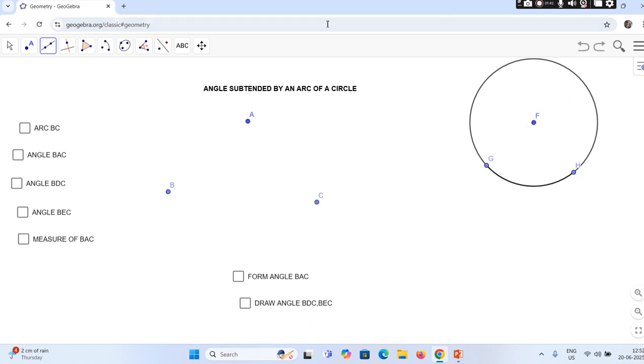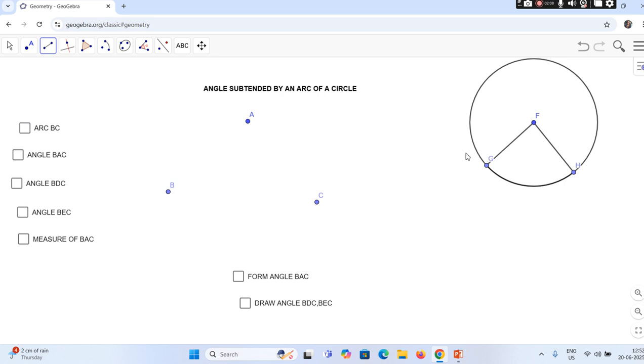End points of the arc are G and H. If I join F and G, F and H, then an angle is formed. The angle name is GFH, right? So this is the angle subtended by an arc at the center, right?